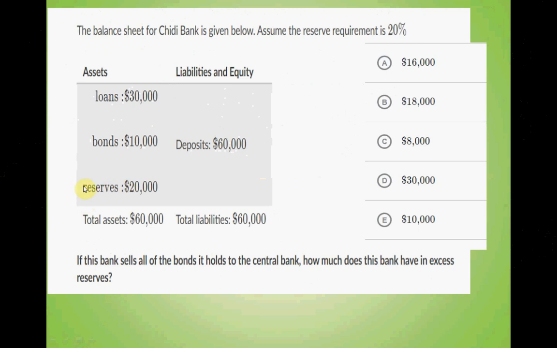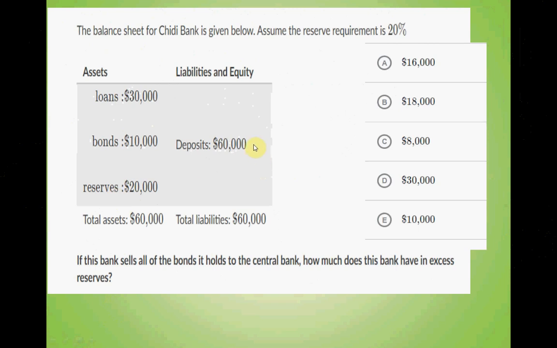Right now, this T-chart here is maybe not as complete as the one that I gave you earlier when I was doing earlier examples. They didn't break their reserves into required and excess. They just say reserves. So guess what you have to do first? You have to figure out the amount of required reserves that they need to have, and then the amount of excess reserves they have left over.